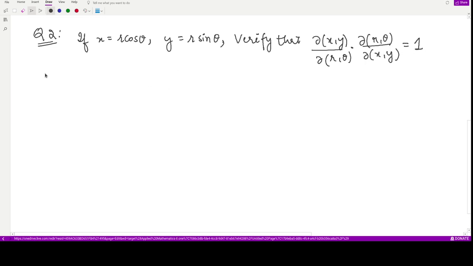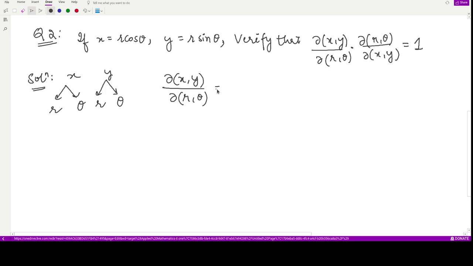So for these given functions, here in the solution, x is given to be a function of r and theta and y is also given to be a function of r and theta. So in order to calculate the Jacobian of x y with respect to r theta, first of all you should know the formula, that is the determinant of del x upon del r, del x upon del theta, and del y by del r, del y by del theta.